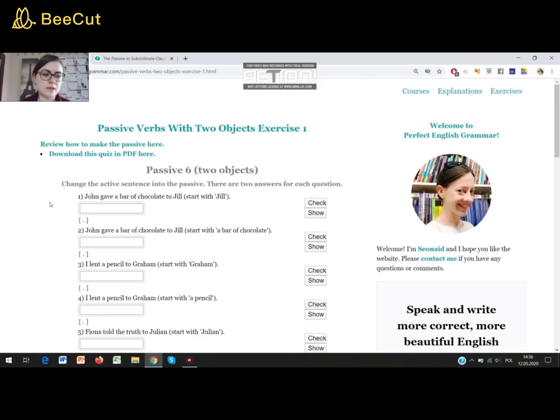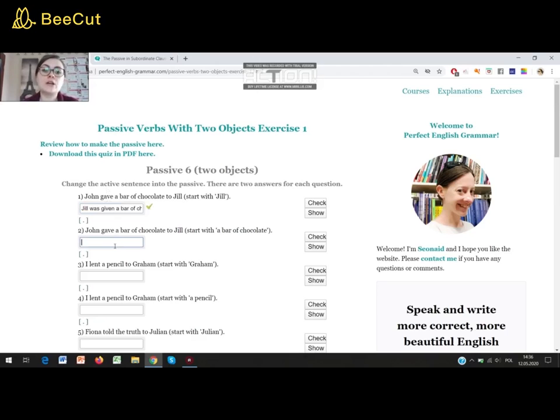So let's have a look at the first 5 examples, just to repeat how to do it. So John gave a bar of chocolate to Jill, and we should start with Jill. So let's try. So Jill was given a bar of chocolate, and in brackets we can add by whom, so by John.